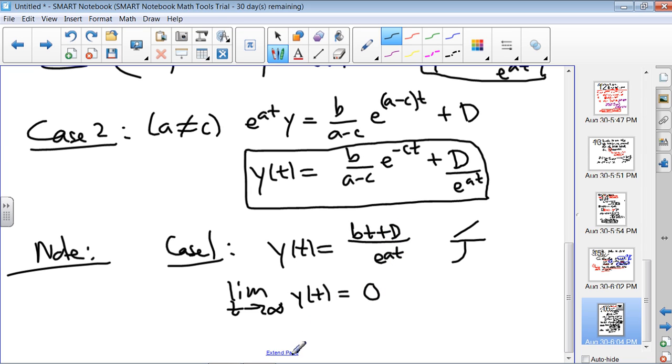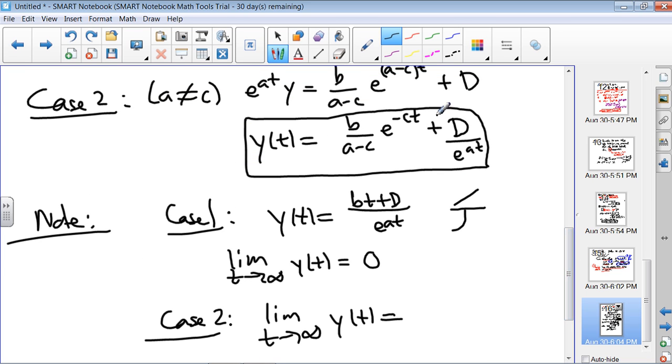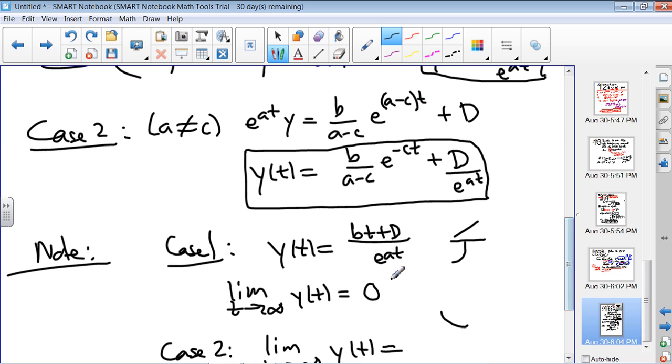Okay. We can do the same sort of analysis for case 2. We're taking the limit as t goes to infinity of y of t, except now we have a different function. We have this function. Now this one is a little easier to understand. We know what e to the minus ct looks like, right? And for our example, e to the minus ct looks like that. And again, it's important in both of these, and I should have mentioned that here, that a and c are positive numbers.